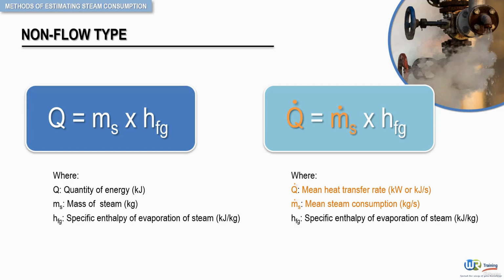Now, at this stage, if we assume that the heat transfer is 100% efficient, then the heat provided by the steam must be equal to the heat requirement of the fluid to be heated. This can then be used to construct a simple heat balance, in which the heat energy supplied and required are equated, as seen here.